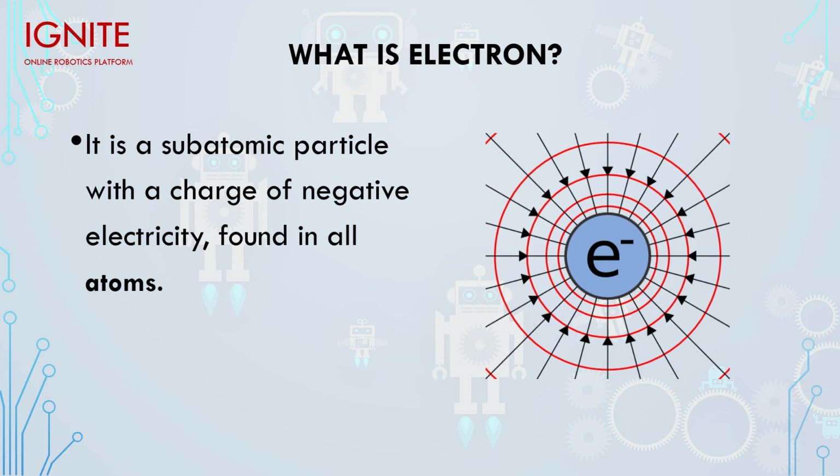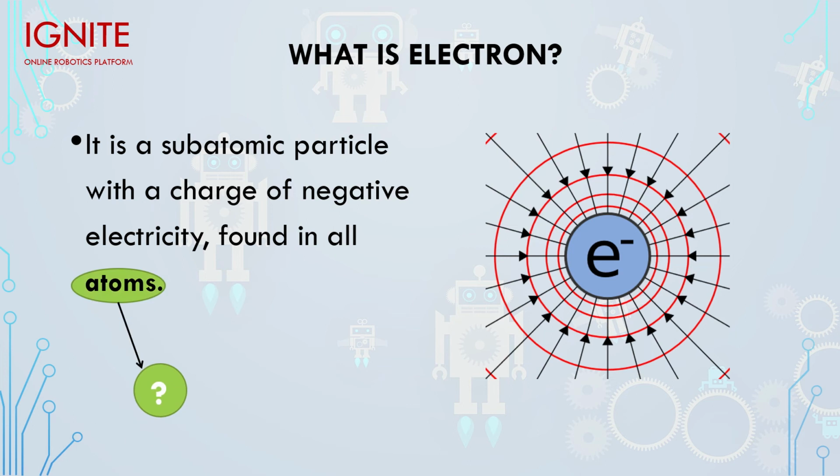Subatomic means it is part of an atom. There are two types of charge, positive and negative. An electron is a negatively charged particle found in all atoms.